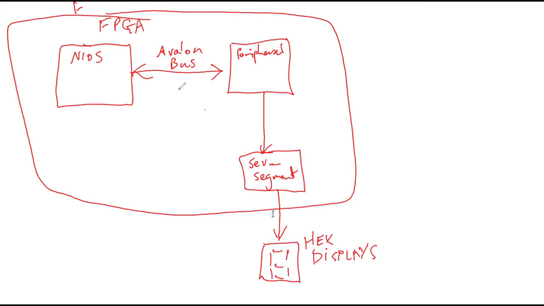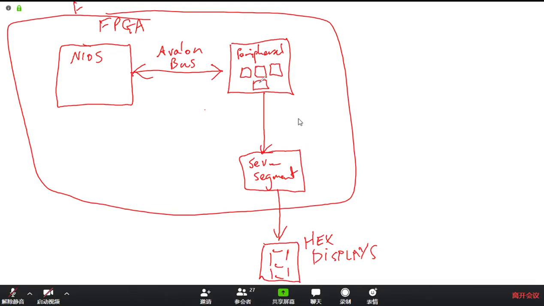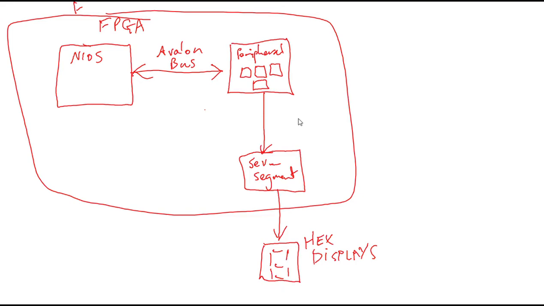The Nios connects through the Avalon bus to the peripheral. And in the peripheral, we only have 4 16-bit registers. In that, you can choose one of those 4 registers to then display on the 7-segment display.